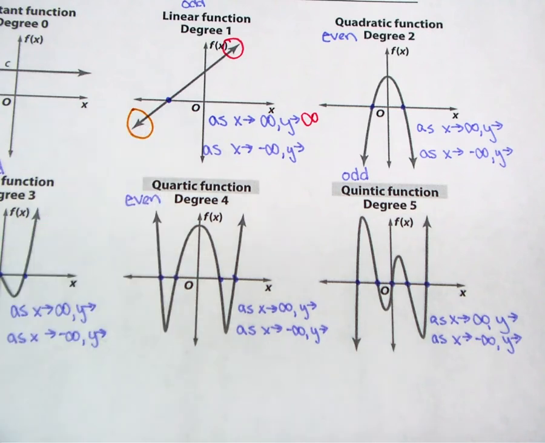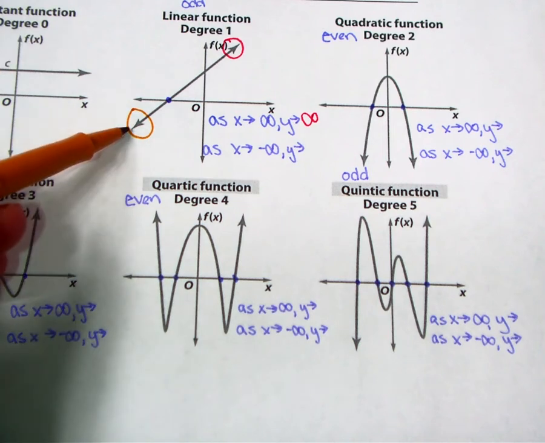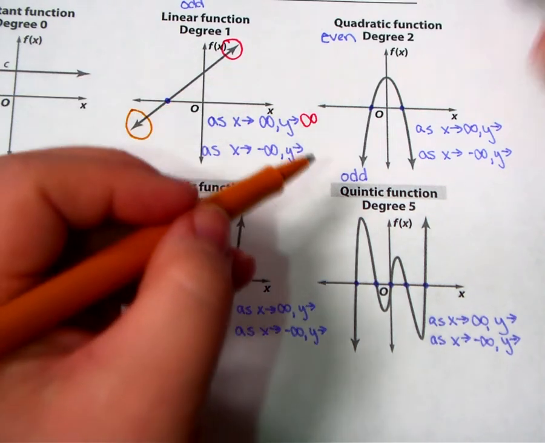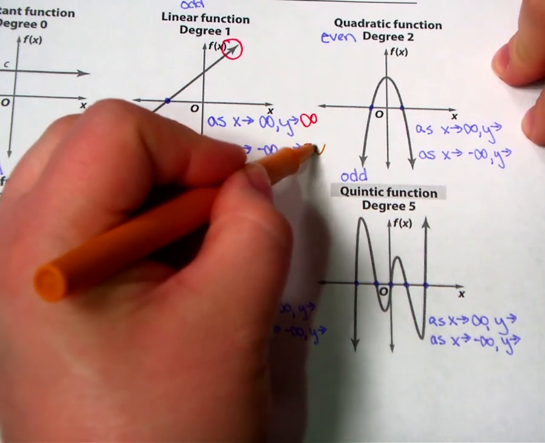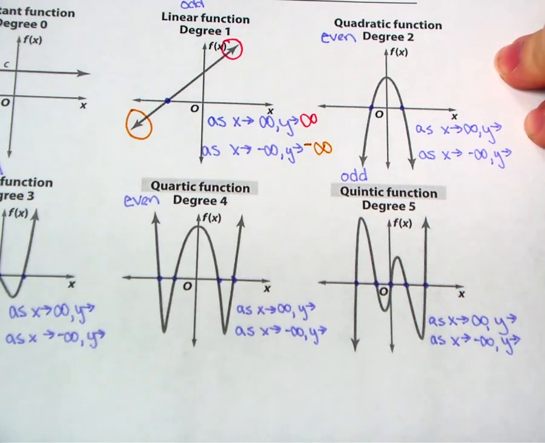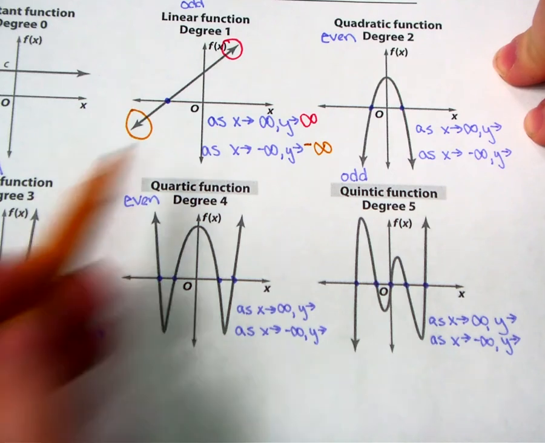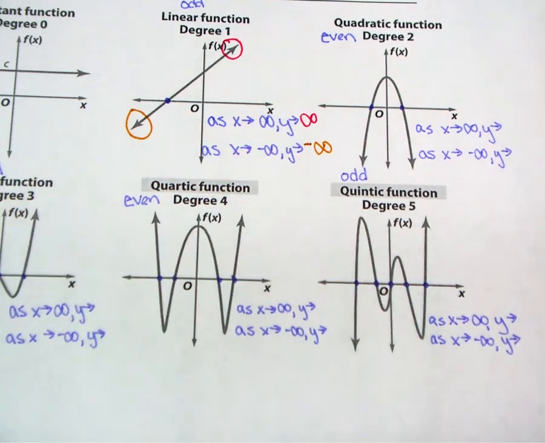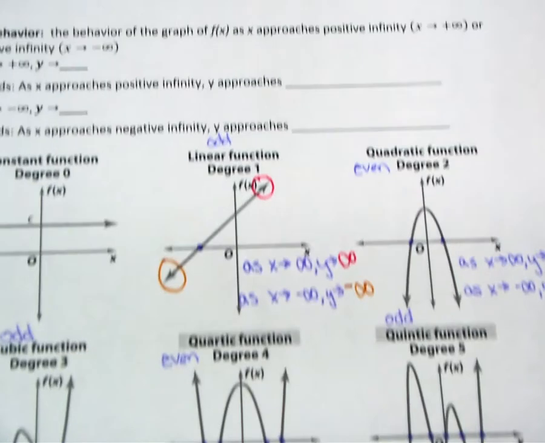That's where the x's are getting closer to negative and negative and negative. So is this arrow going up or is this arrow going down? It's going down, so we are going to say that y is approaching negative infinity. So each time that it asks about x approaching positive infinity, we're going to be looking at the right arrow. Each time that x approaches negative infinity, we're going to be looking at the left arrow.